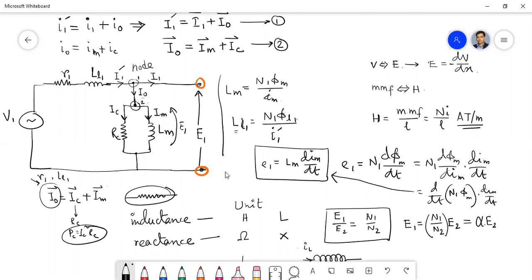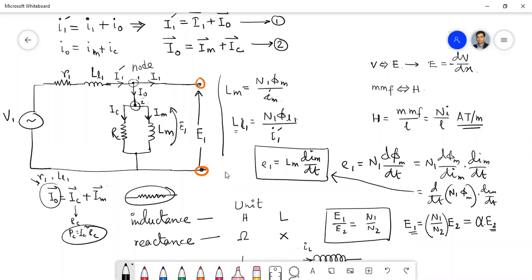So this E1 basically depends on E2, isn't it? Sir, is it the dependent voltage source? Yes, it's a dependent voltage source.